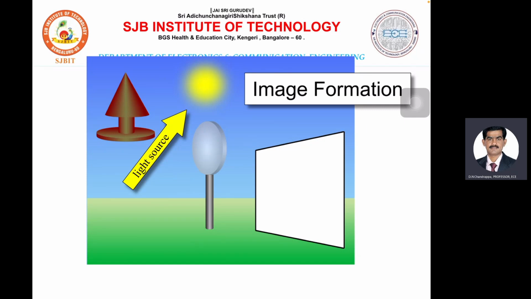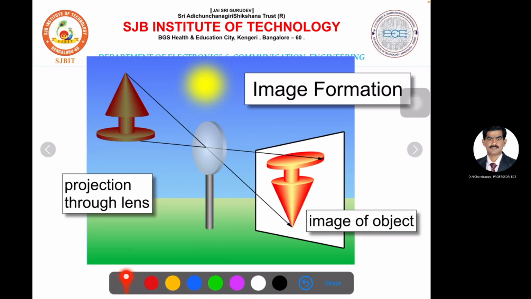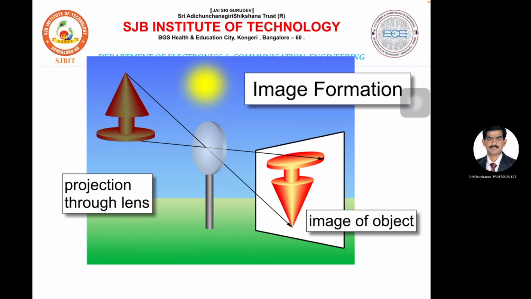The object is projected through the single lens. Here is the object, and here is the image of the object. This is the input object projected through the lens.